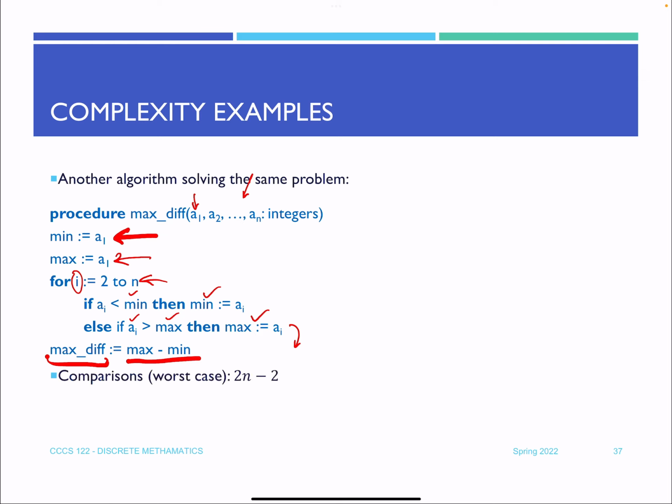So we have one comparison happening over here, and we've got another comparison happening over here. So that's 2 times inside the loop.